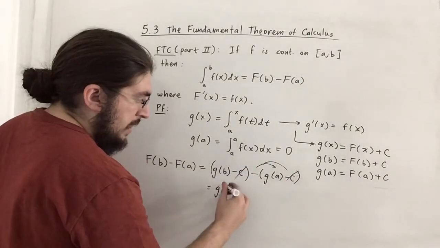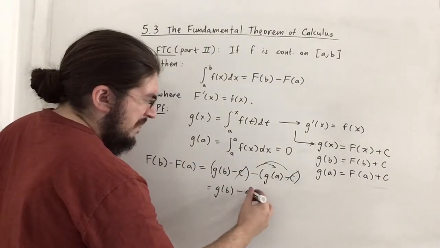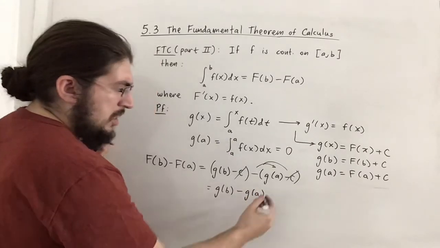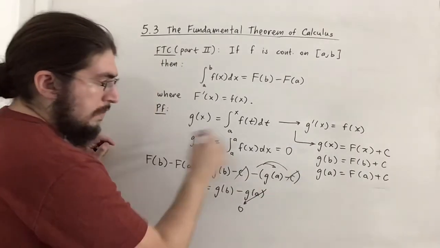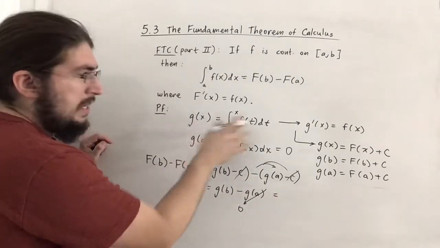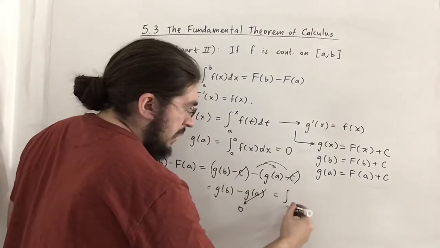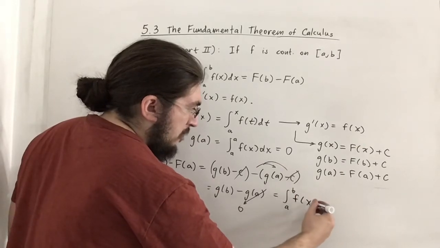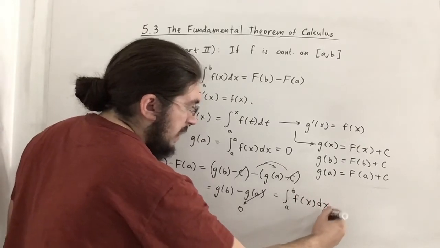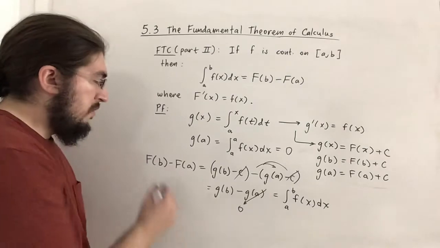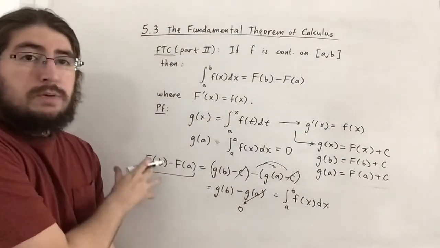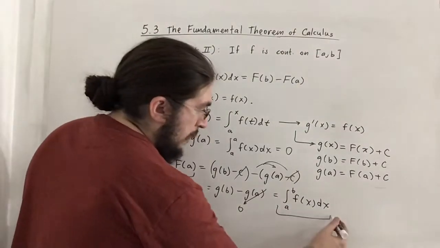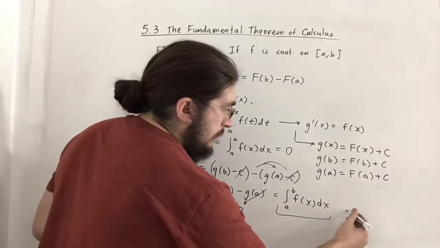So we really just end up getting g of b minus g of a. And notice g of a is 0 from the above calculation. And g of b, as I wrote earlier, is just the integral from a to b of f of t dt. But since t is a dummy variable, we can replace it with x instead of t. And there you go. So we've proven that the extreme left is equal to the extreme right part, and that proves the theorem.